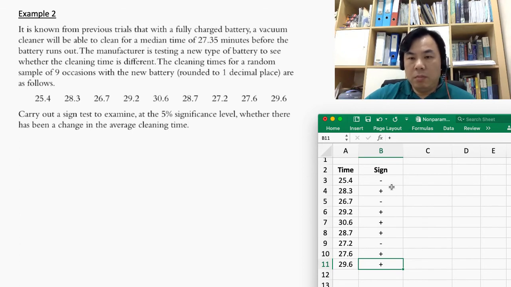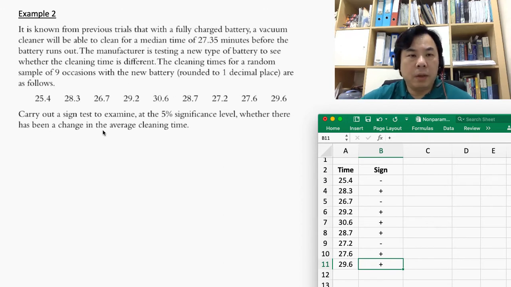You can see that the majority of the time durations are above the median time, which is 27.35. So here we have 1, 2, 3, 4, 5, 6. We have 6 data observations that are above the 27.35 median time.